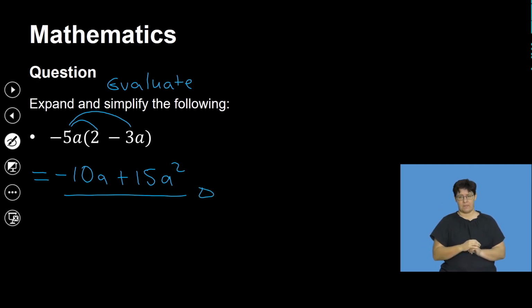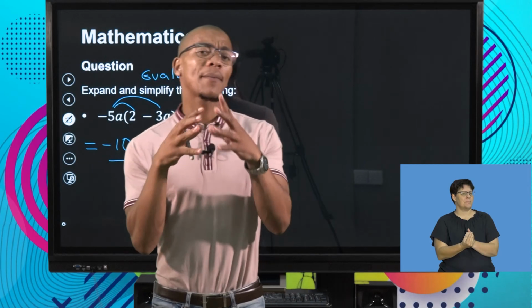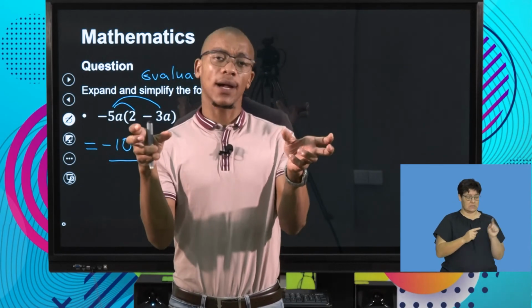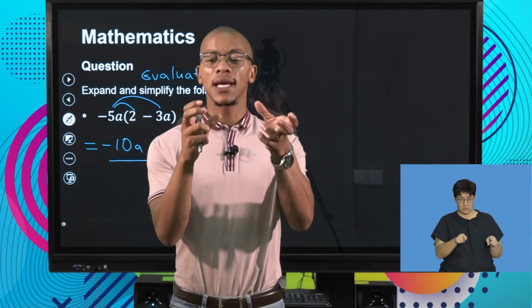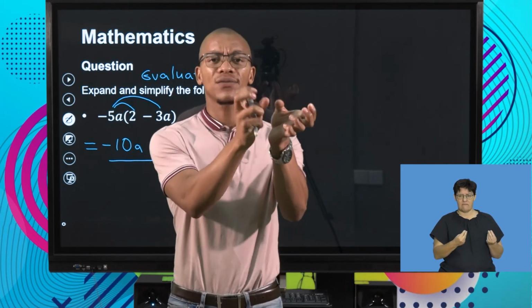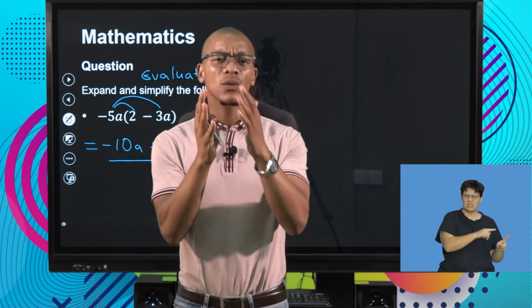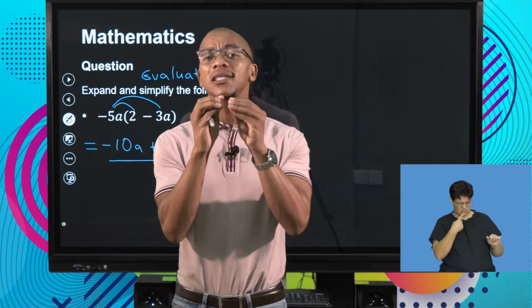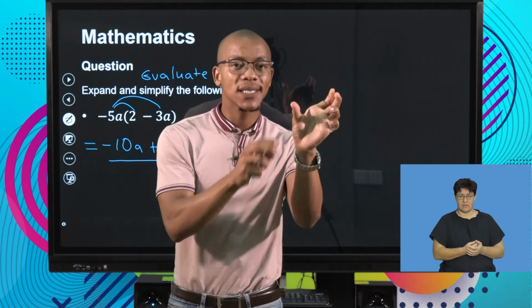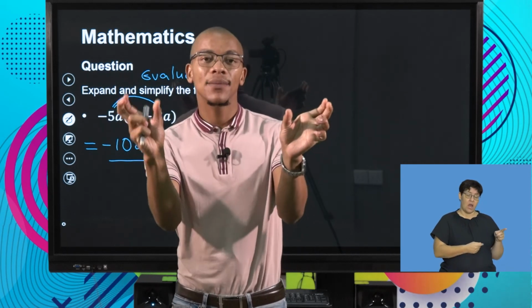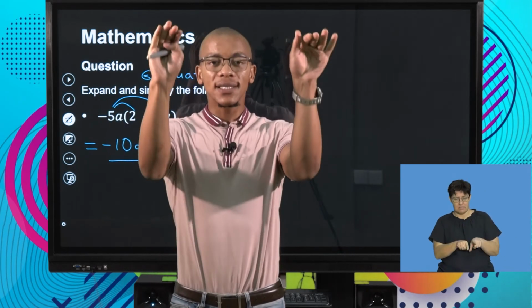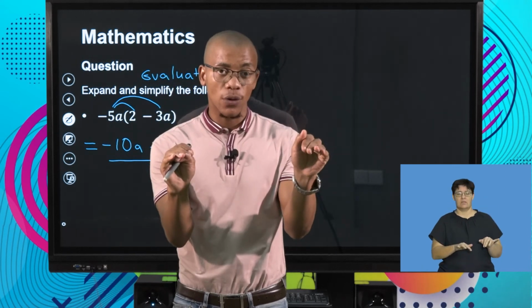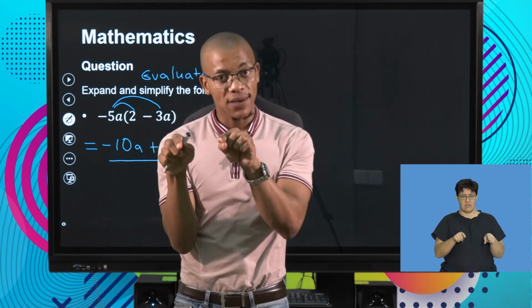Now, as I'm doing this here, something is coming to mind. At times, when we are multiplying two terms, right, and we find that the terms have a coefficient and a variable, sometimes we kind of get lost on how to then go about doing that. Please make sure that if one term has a coefficient, the other term has a coefficient as well. You can start by first multiplying the two coefficients and then multiply the variables, right?